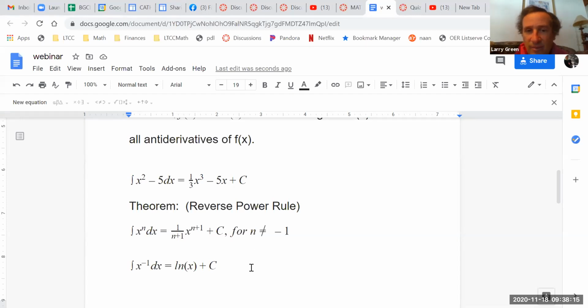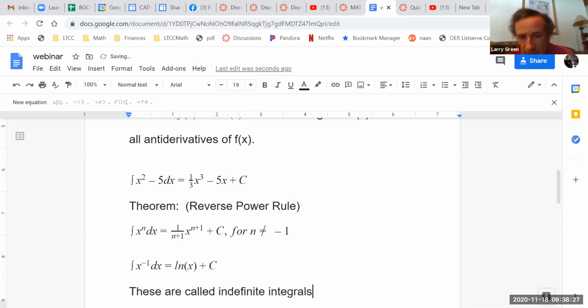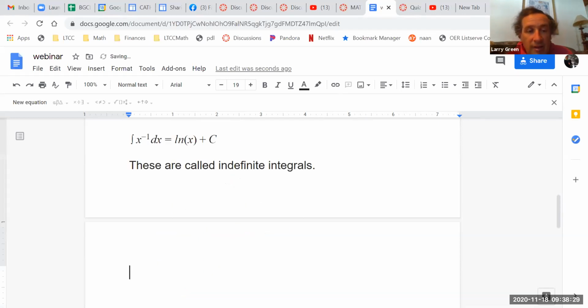Okay. And this is called an indefinite integral. All right, so let me give you a big definition, and it's really more notation than a definition.